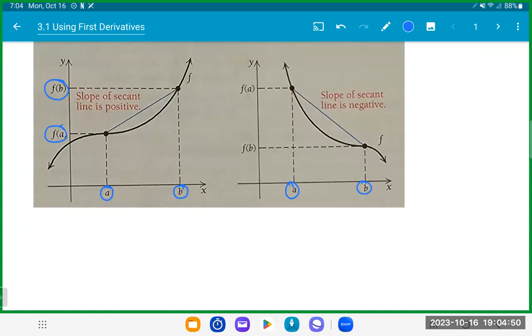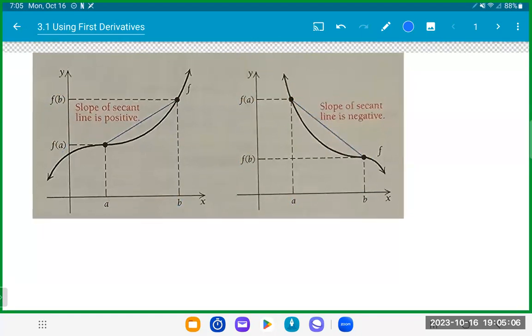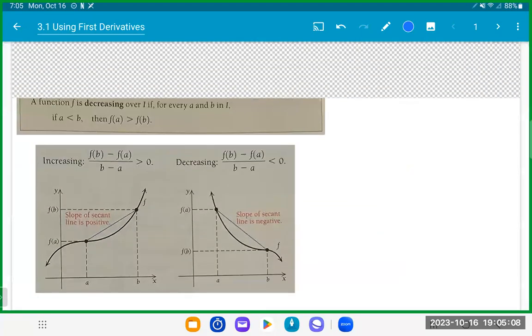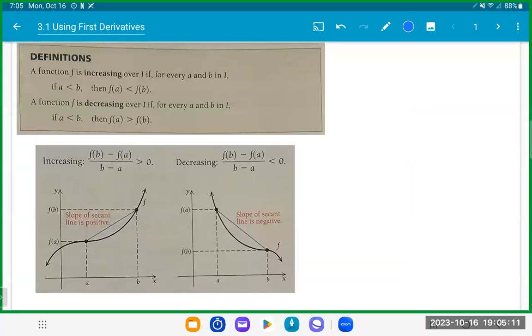But now, if the output of my A value is greater than the output of my B value, then that means that my graph or the slope is negative or decreasing. Okay. So that's all those definitions are telling us. I put it here in the PowerPoint or the PDF that you will be able to download so that you don't have to go search it out in the textbook. But if you wanted to see that in your textbook, it's on page 265.